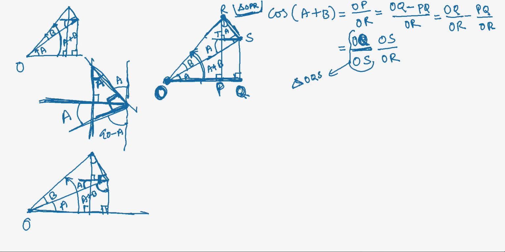We saw this OQ, then we saw the angle A, and if you divide that by OS, this whole thing can be written as cos A. And as we introduced the extra denominator OS, the numerator should be multiplied by OS so that we are not changing the value. So the OR still stays as OR. Are you with me?